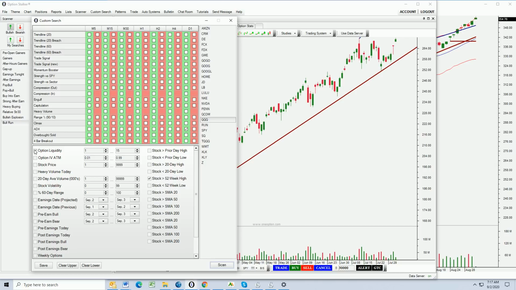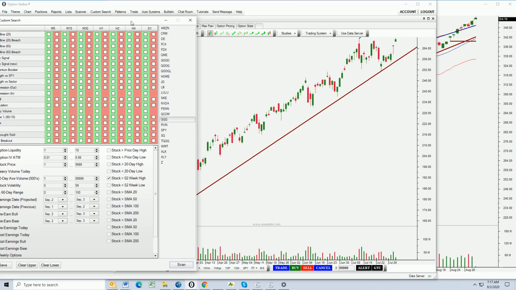I'm going to be looking for excellent option liquidity, and I'm looking for stocks that have a very strong ADX. That means that they are in an incredibly strong move right now, and I'm looking for stocks that are making a new 52-week high.